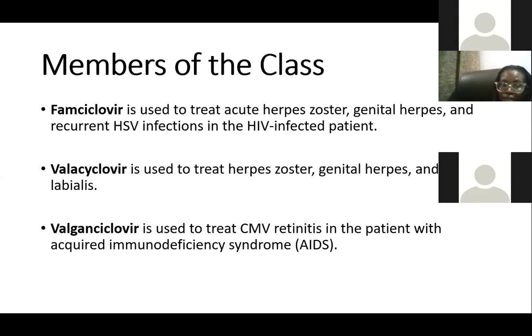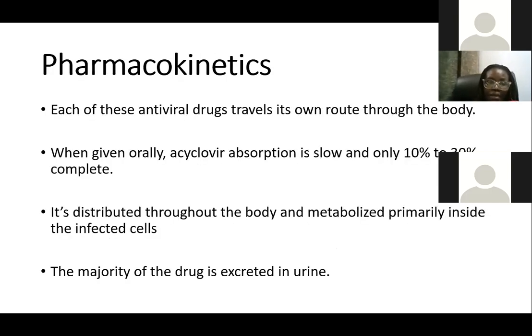The valacyclovir is used for herpes zoster, genital herpes, and herpes labialis, what we normally call cold sores. And valganciclovir is used to treat CMV in a patient with AIDS. So each of these medications are taken, and then they are widely distributed throughout the body.